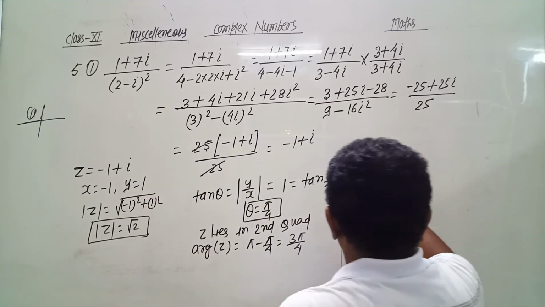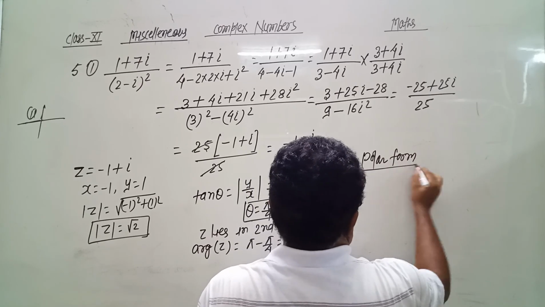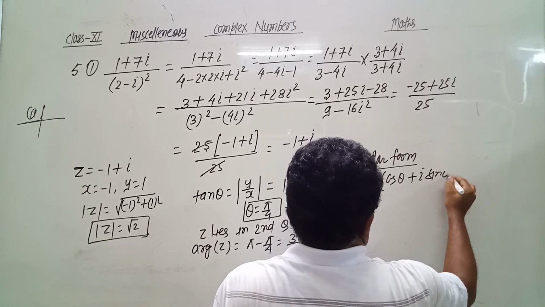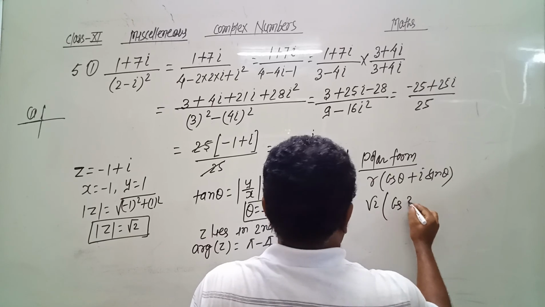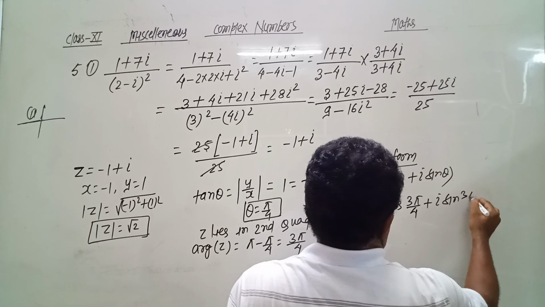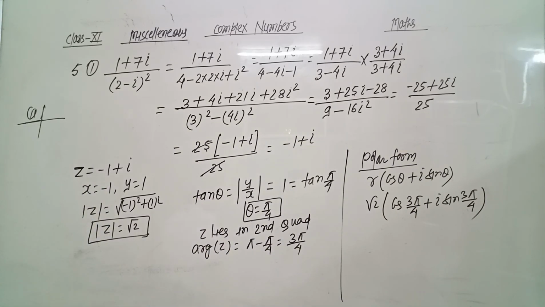So the polar form is written in the form r (cos theta plus iota sin theta). The value of r is the square root of 2, so this complex number has been converted into polar form: square root of 2 (cos 3 pi by 4 plus iota sin 3 pi by 4).